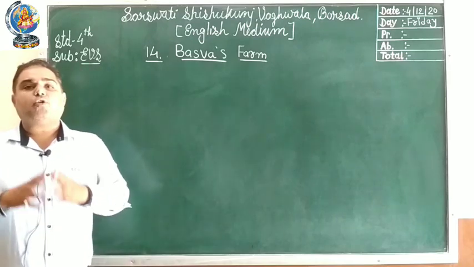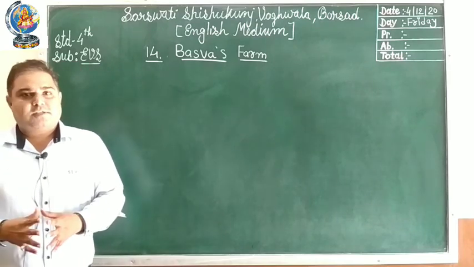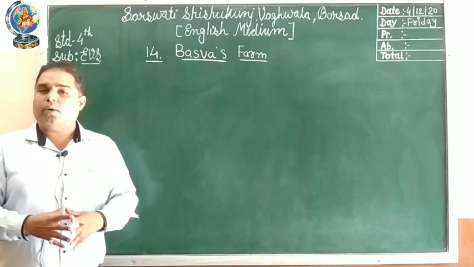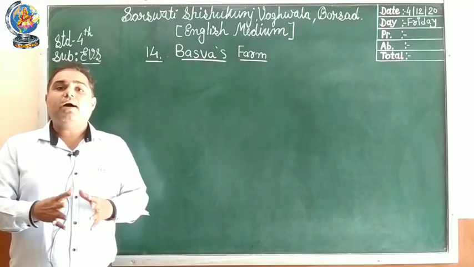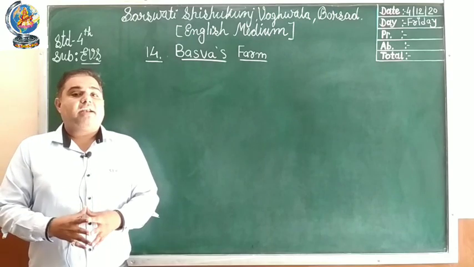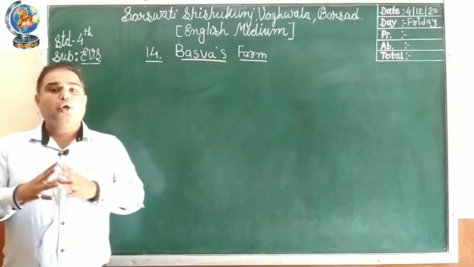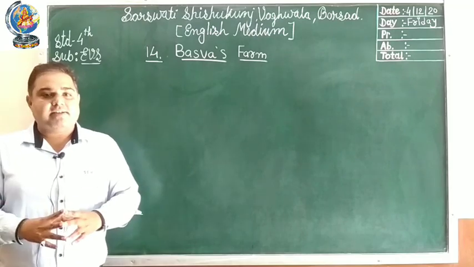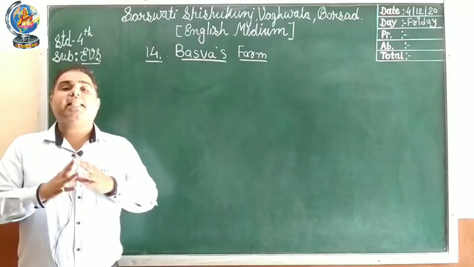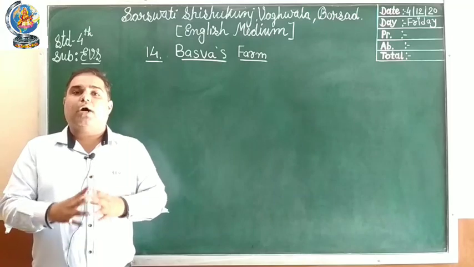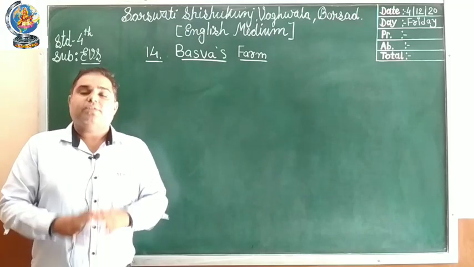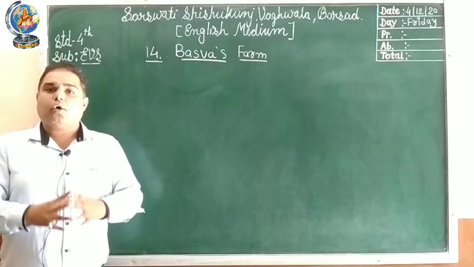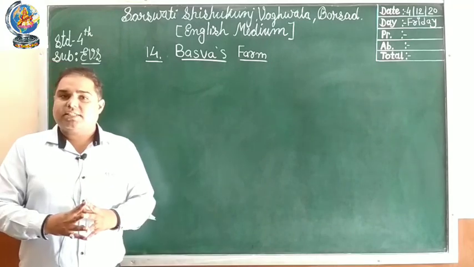But students, if we talk about crops or vegetables, who grows crops or vegetables? A farmer. When a farmer puts lots of effort in his fields, only then does he get a good crop. When the farmer gets a good crop, the crops come to our houses.